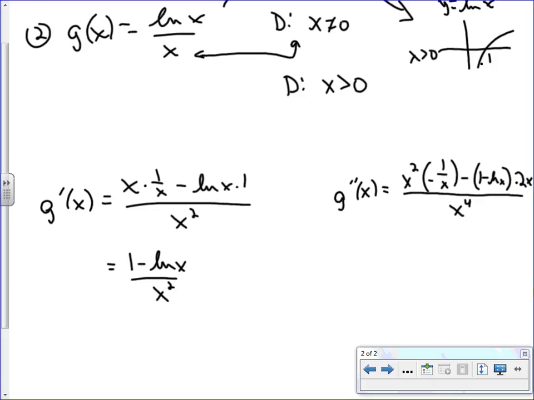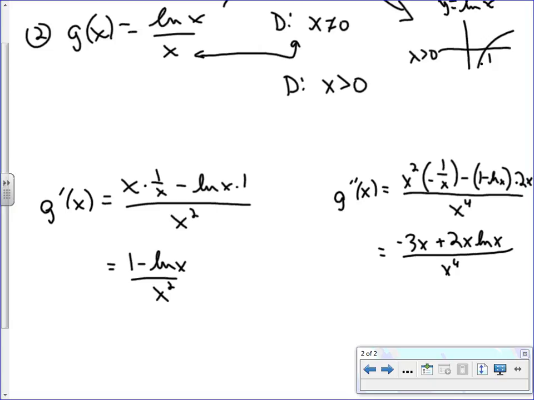The general rule is to multiply out your numerator and leave your denominator kind of alone, generally. A couple of steps later, you get this.